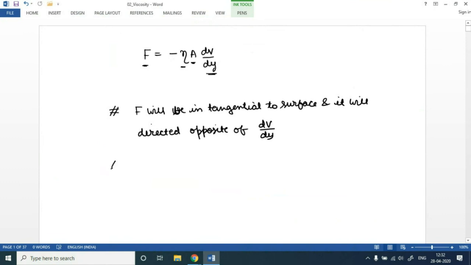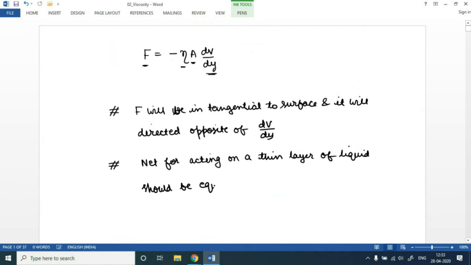And secondly, you must realize that the net force acting on a thin layer of liquid should be equal to 0 in steady state.